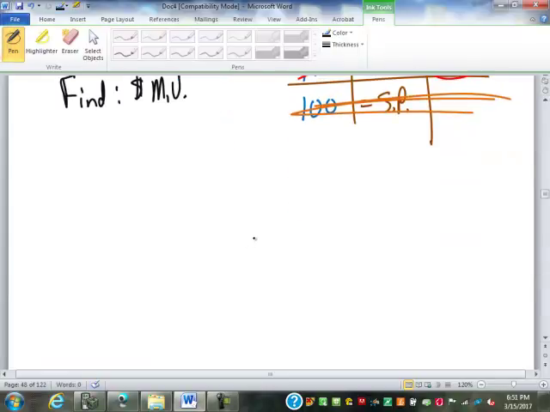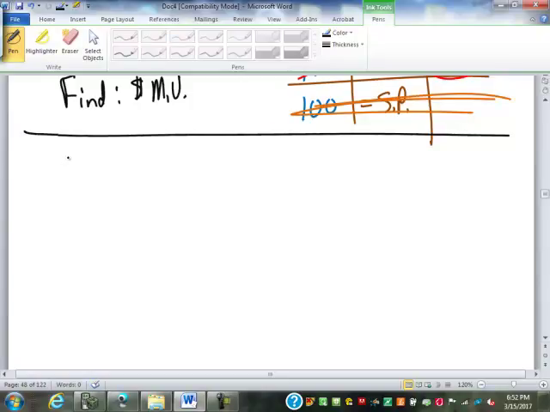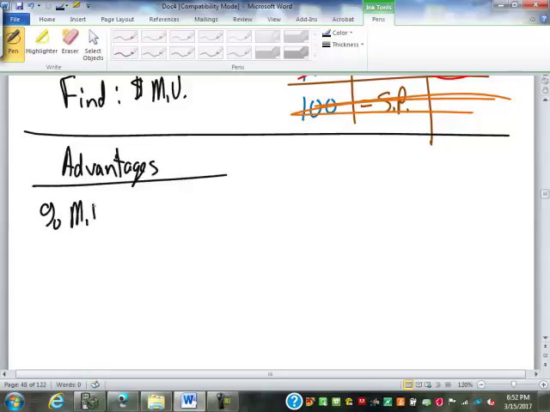Why would we ever want to have the same item given with a percent markup on cost and a percent markup on selling price? Well, most of you can probably see the advantages. Advantages of the percent markup on cost.